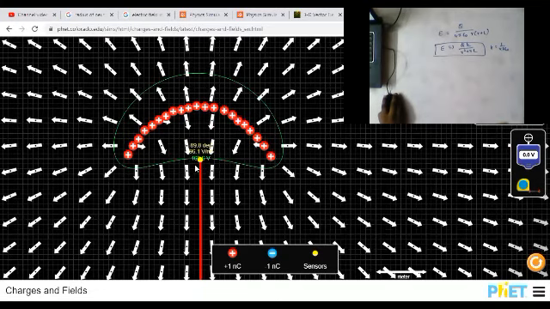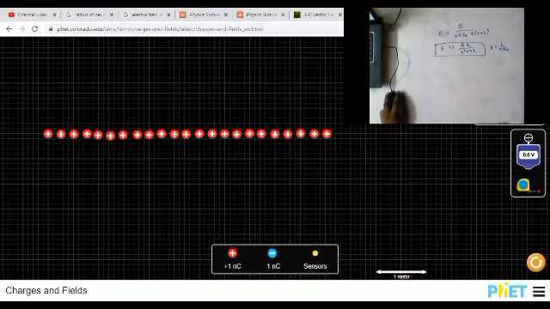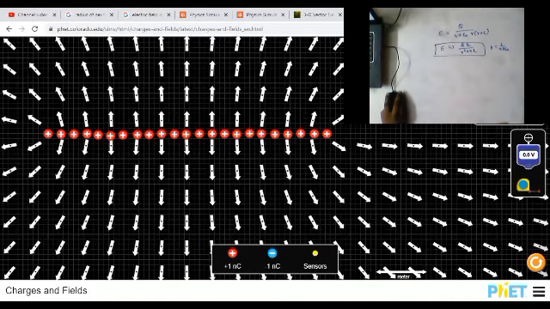At this point it is 96.1 volts per meter. This is how the electric field will be for a finite line.